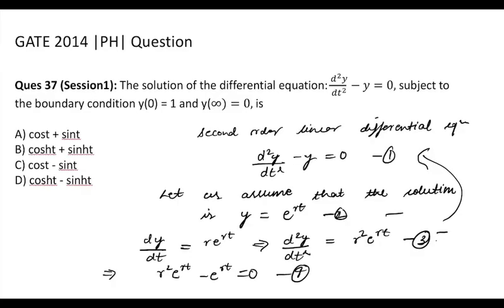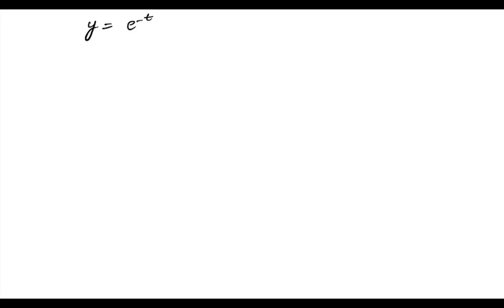In the question we cannot see exponential minus t anywhere, so we'll use another identity. We know that cos hyperbolic t is e to the power t plus e to the power minus t by 2. Similarly, sine hyperbolic t is exponential t minus e to the power minus t by 2.